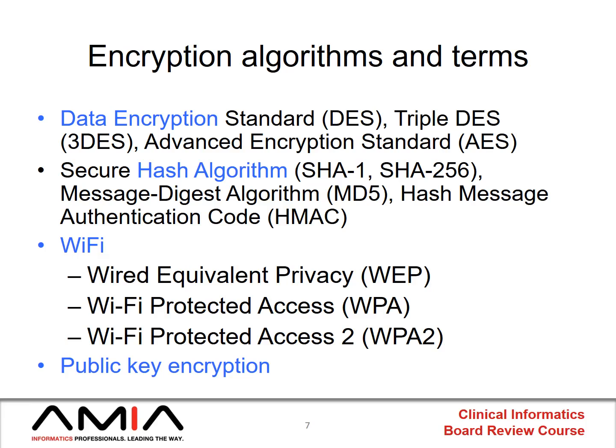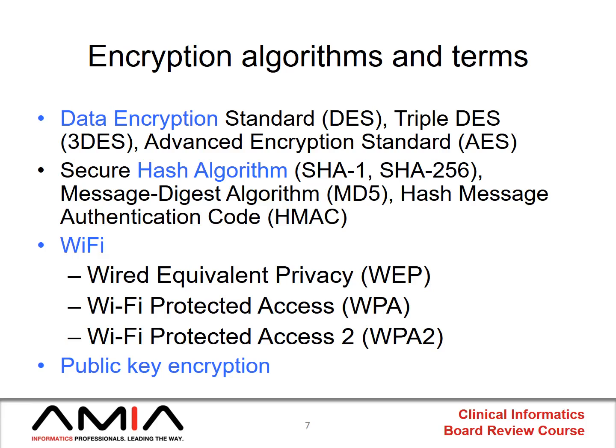Wi-Fi is ubiquitous these days, and signals transmitted over Wi-Fi can themselves be encrypted using a variety of algorithms, and you see several of them listed there: WEP, WPA, WPA2.